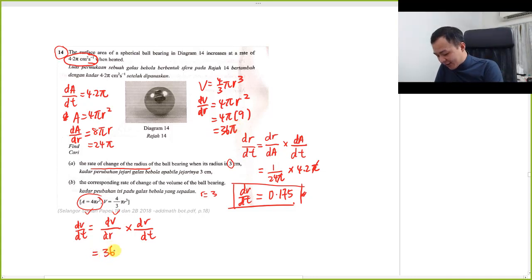This one is 36 pi multiplied by 0.175. So I will say 6.3 pi, or you can type everything in your calculator and get something like 19.79. If you love the unit, you can always write cm cubed per second.